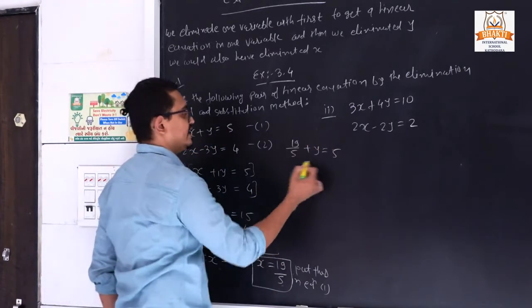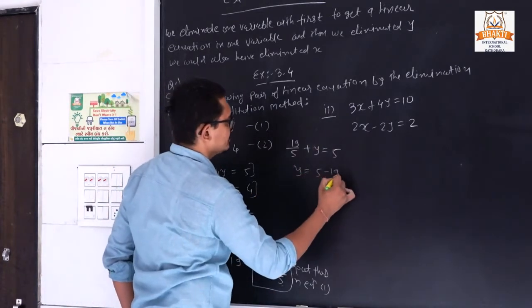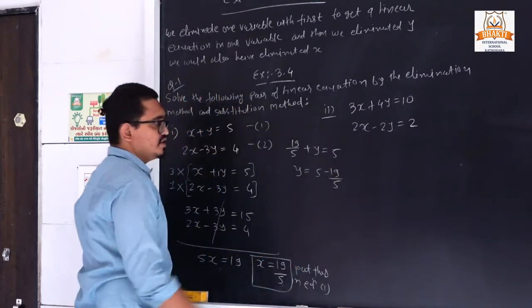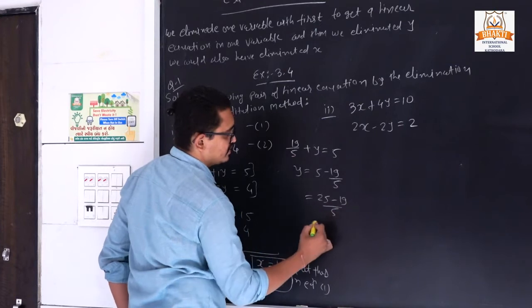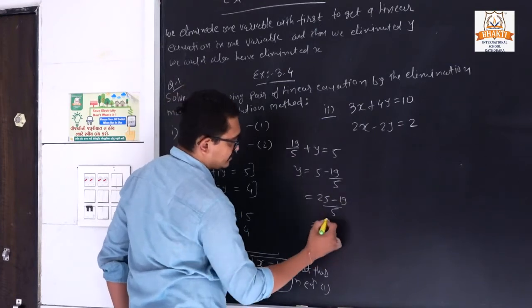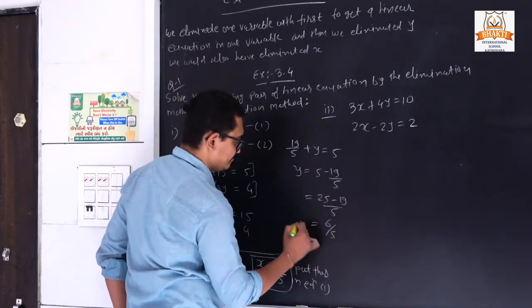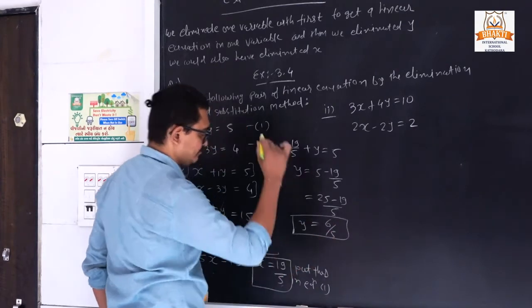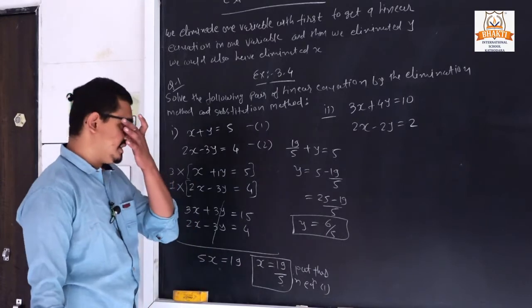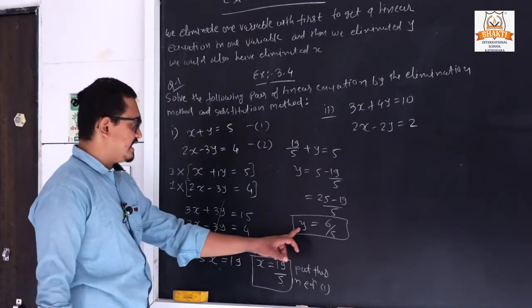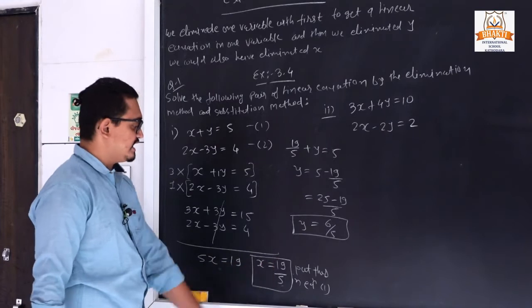Now 19 by 5 goes to the other side, so it becomes minus, and 5 is our LCM, so 5 becomes 25. So 25 minus 19 is 6. So y is 6 by 5.